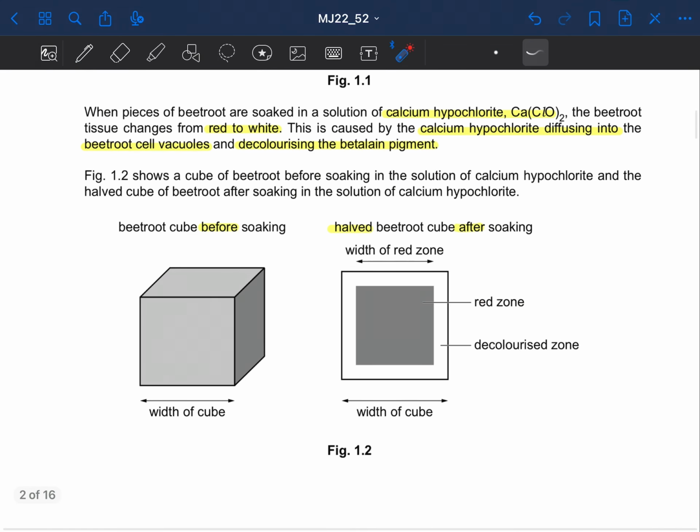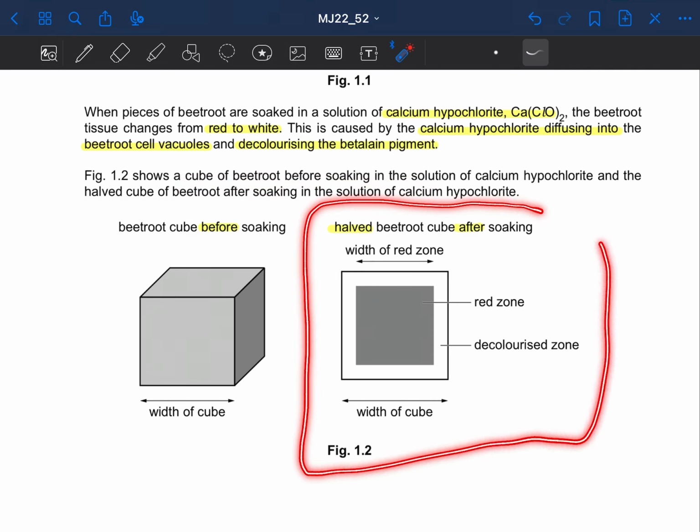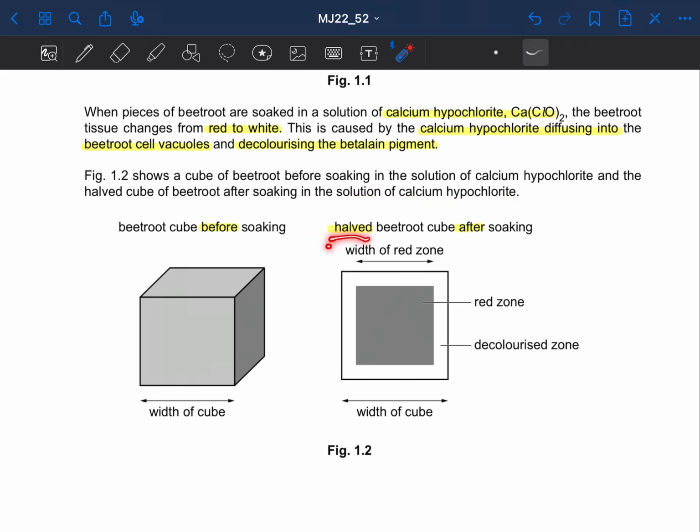So moving on, we have the beetroot, and in figure 1.2 we can see that there is a cube of beetroot before we soak it in the solution, and then the second image shows how the beetroot would look after soaking it with the solution of calcium hypochlorite and cutting it in half. Here we can see that it's all in red, whereas here they have labeled the width of the cube.